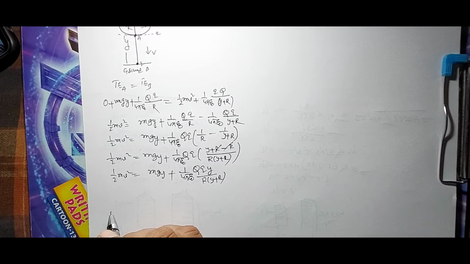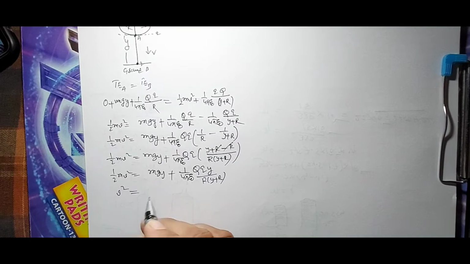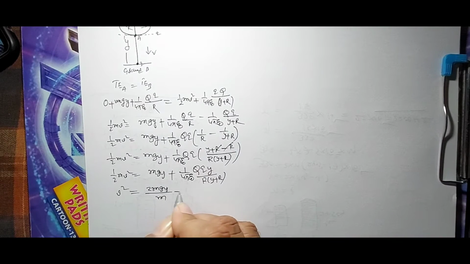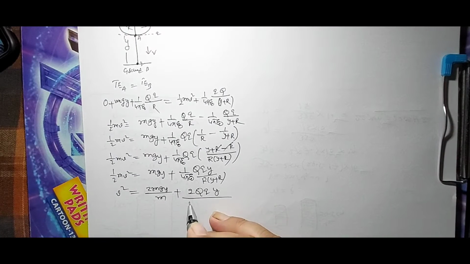So we write here v² = 2mgy divided by m plus 2Qqy divided by 4πε₀ m (y+r) r.